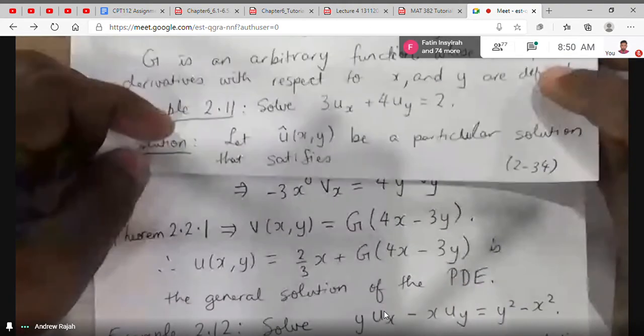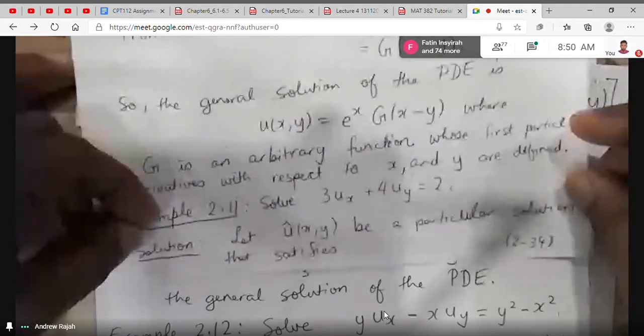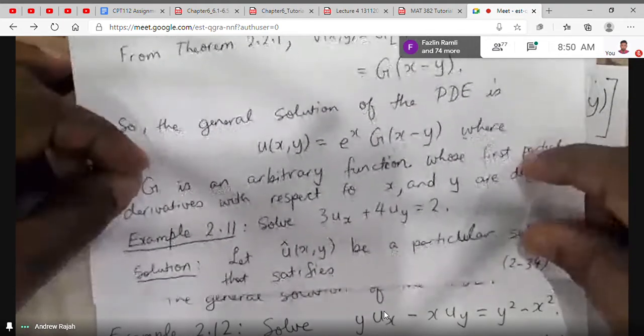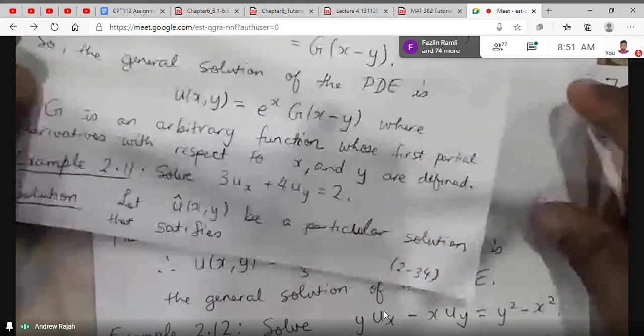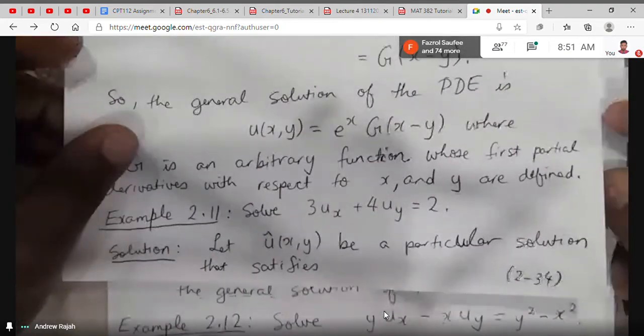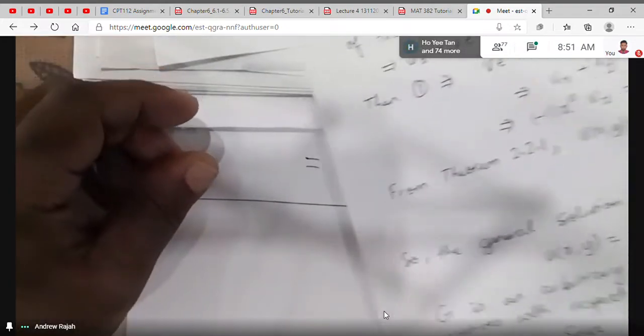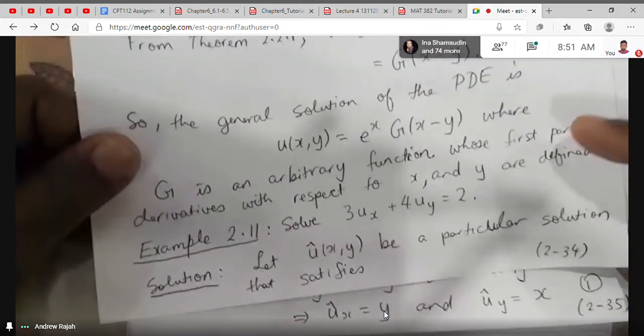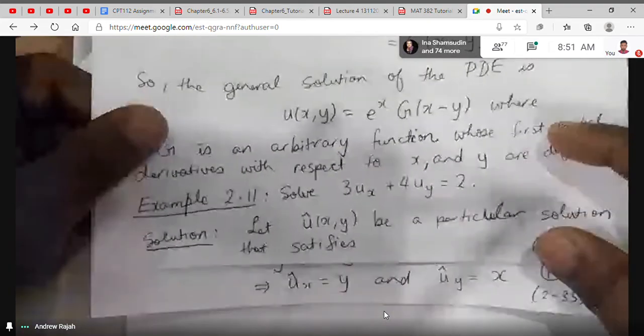Okay. So I'm going to stop with this example and see if you all have any questions. Okay, any questions? No. For now. Okay, others?